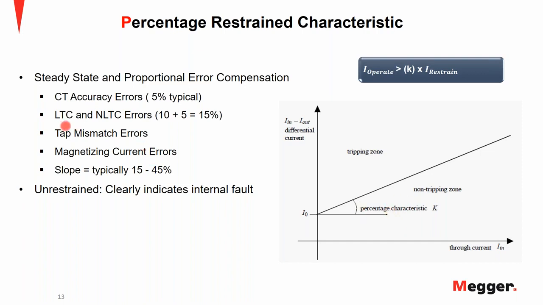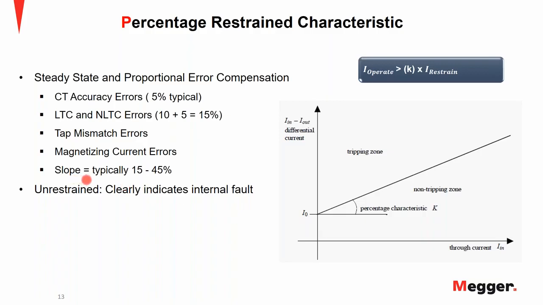The load tap changer and no-load tap changers for tap changing transformers are errors that need to be added into this. Your tap mismatch, depending on your CTs from the high side and low side of your transformer, those errors have to be applied into this mismatch as well. And then also your magnetizing current, which we said is the overexcitation.